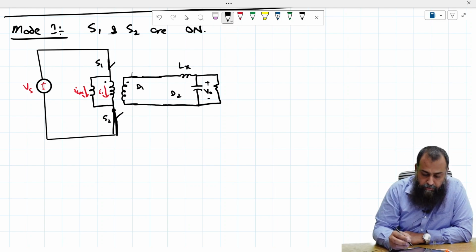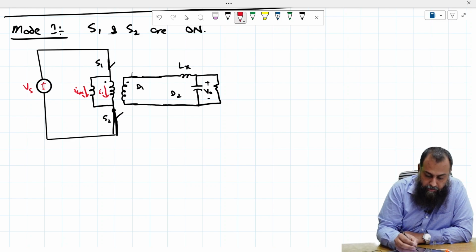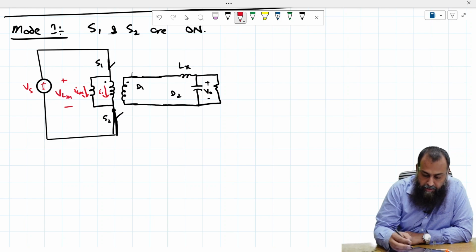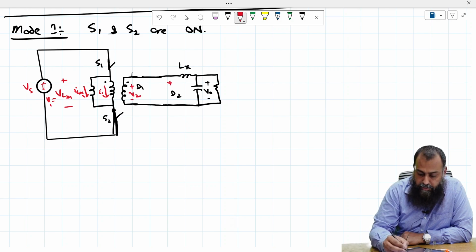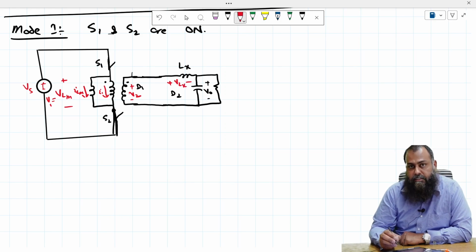During this time we are interested in a few things. For example, I am interested in knowing the voltage here. Let me call this VLM, which is also equal to V1. I'm also interested in the voltage V2 and the voltage across the inductance VLX, which is the inductance of the filter circuit connected on the secondary side.